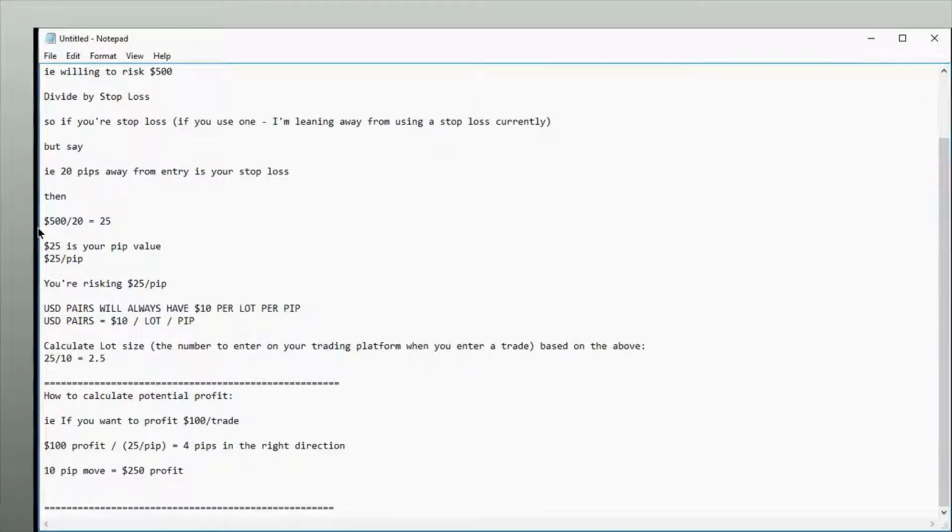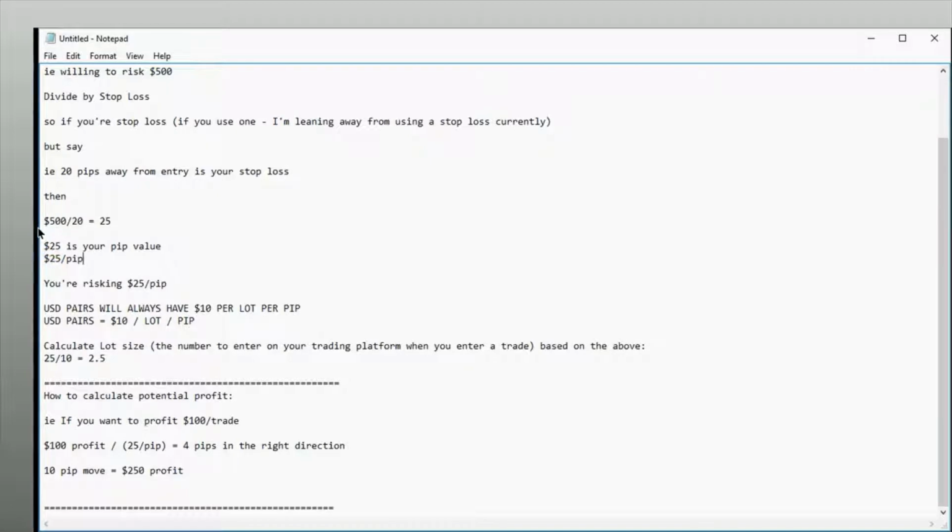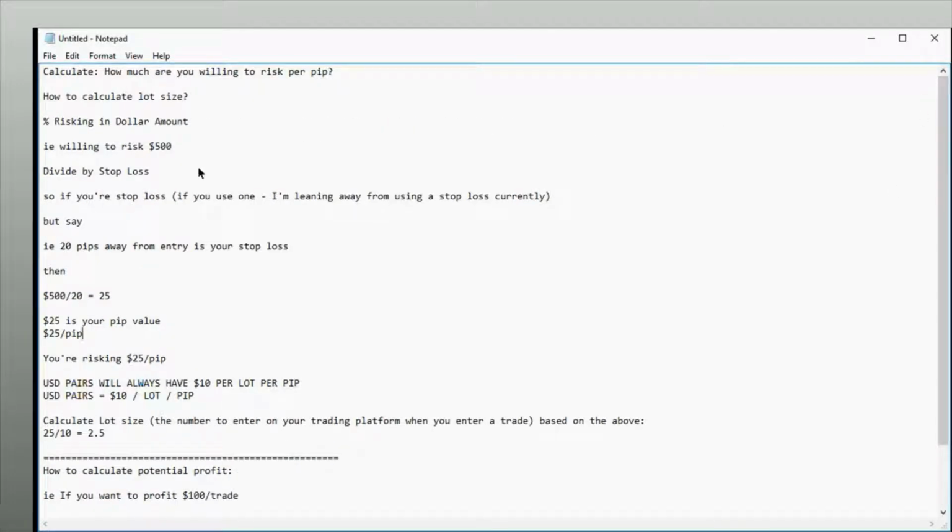So whatever amount you're willing to risk per point in price change is how much you're willing to risk as a loss or as a profit. For example, if you're willing to risk $500, which is just an example, then you want to divide, and this is going to be based off a percentage of your account.